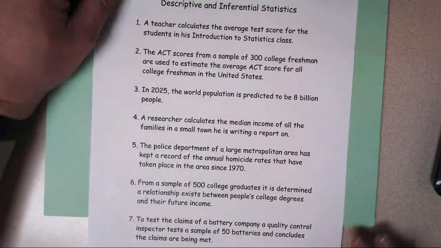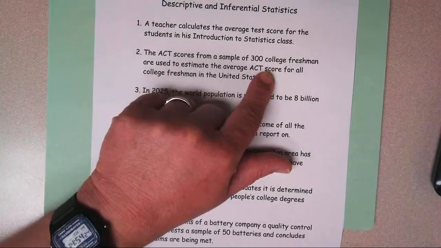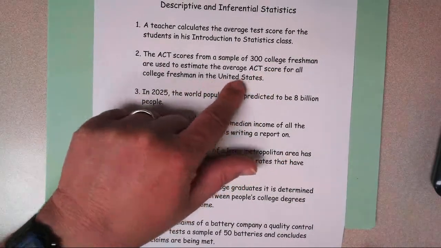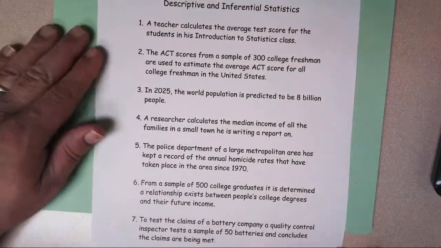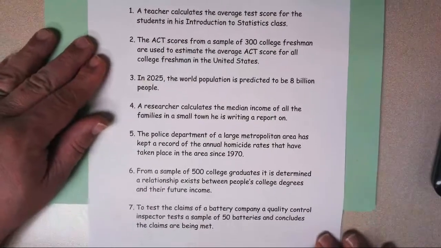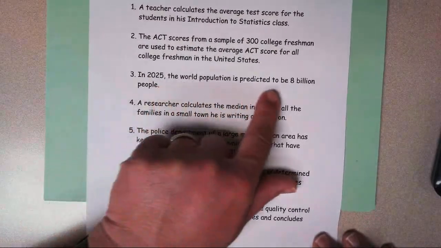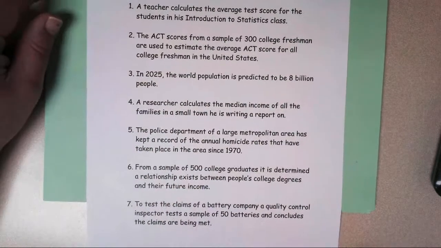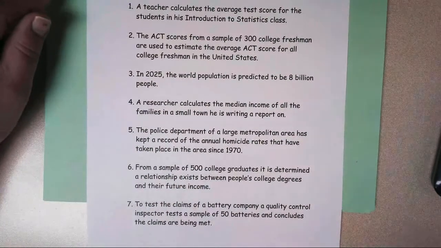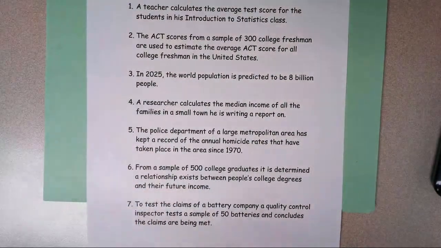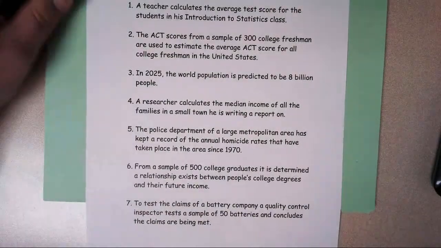That is inferential. You're using the information in this sample to estimate what the score is going to be for all freshman students. In 2025, the world population is predicted to be 8 billion people. That's inferential, making predictions. You're taking observations from the past to infer what's going to happen in the future.